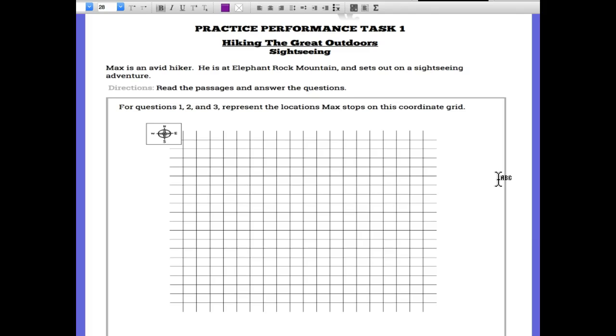You need to complete your coordinate grid, and then when you read the task, you're going to have some different sites or some different areas that you need to plot on the map. So I'm going to have you take 9 minutes to complete this.